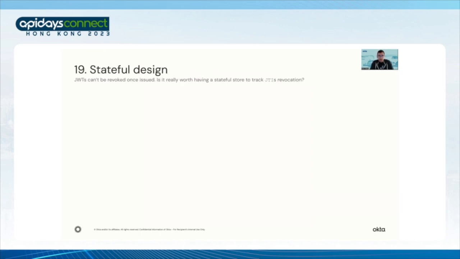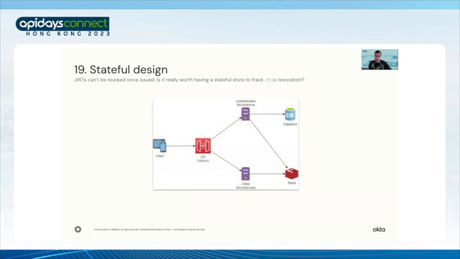Stateful design. JWTs in particular are a very clean, stateless design. Once they're issued, they're going to be valid in your system for the duration. And there's a tendency I sometimes see among customers to add stateful components to this flow. For example, having an allow list or deny list of JTIs, the identifiers of the access tokens, in a database, and every time I'm going to check them.